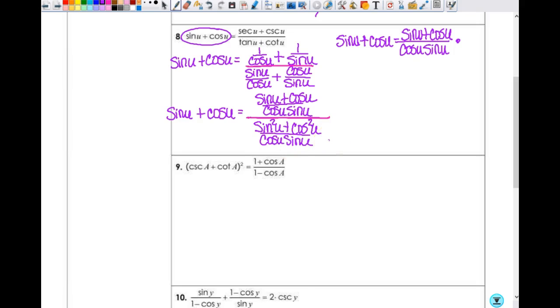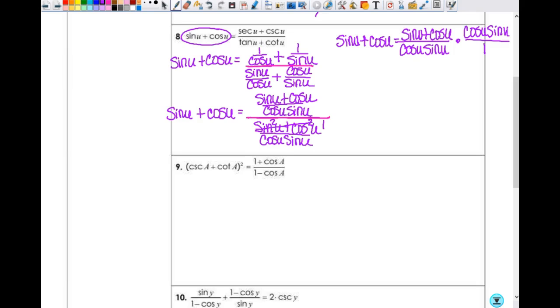But can I, at the same time, substitute something? Yeah, 1. Sine squared plus cosine squared, this right here equals 1. So it doesn't just cancel out and go away, it equals 1. So right now I have 1 over this, so when I multiply by the reciprocal, I have cosine u, sine u over 1. Everybody okay with all that so far?